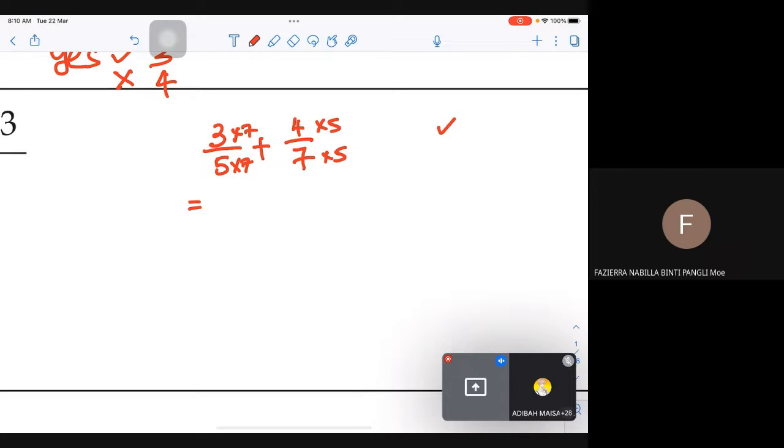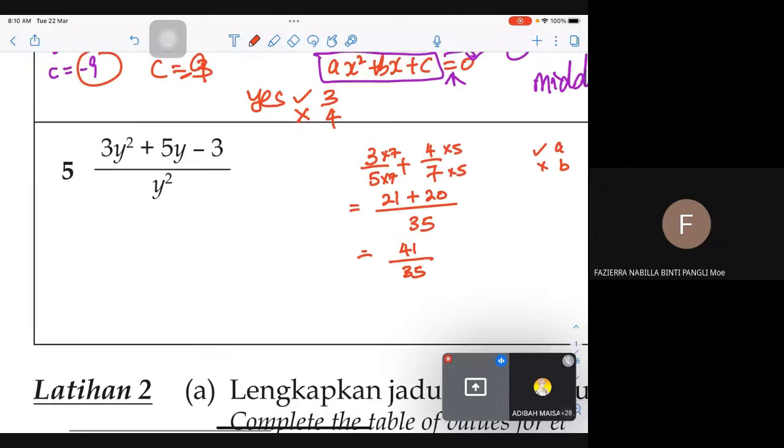Agree or not? If you agree, reply me A. If not, reply me B. Okay, so that means the denominator will be 35. Upstairs, 21 plus 20, then we get 41/35. Right? So we go back to this question.